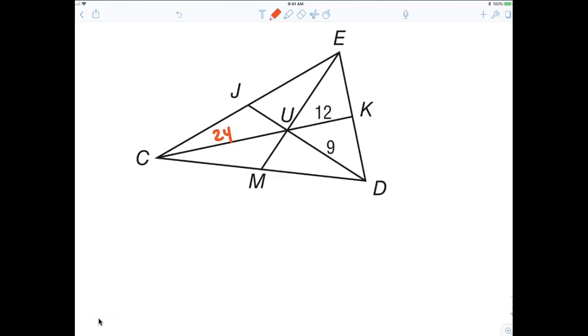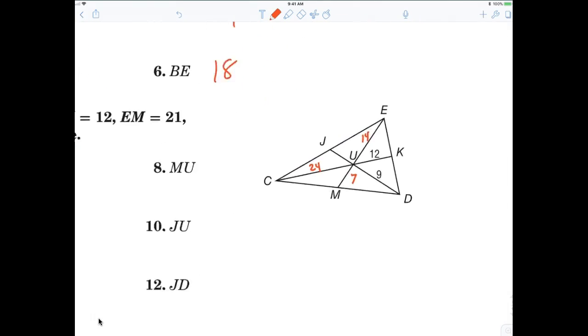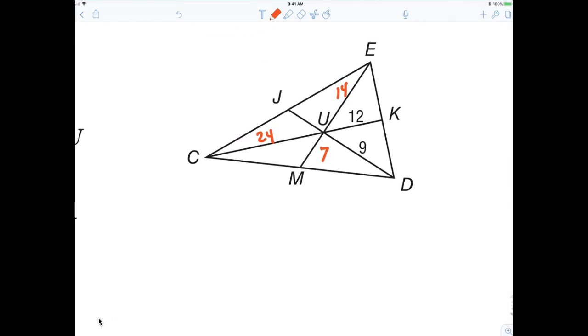That's how easy. 7 and what? 14. And I'm assuming UD is 9, so that means UJ is what? 4.5. UJ is 4.5. Everybody agreeing with that? Everybody see, it's very simple.